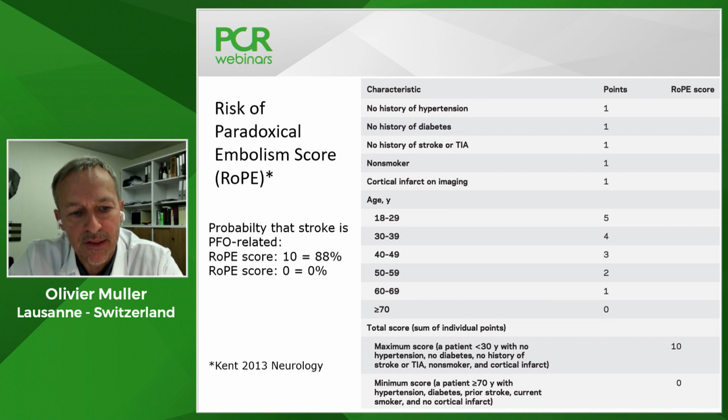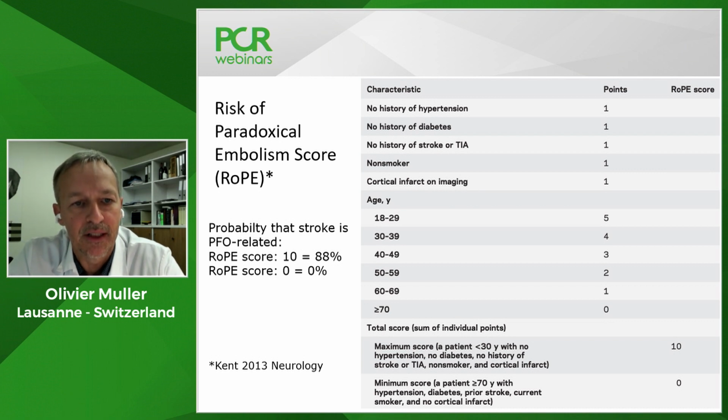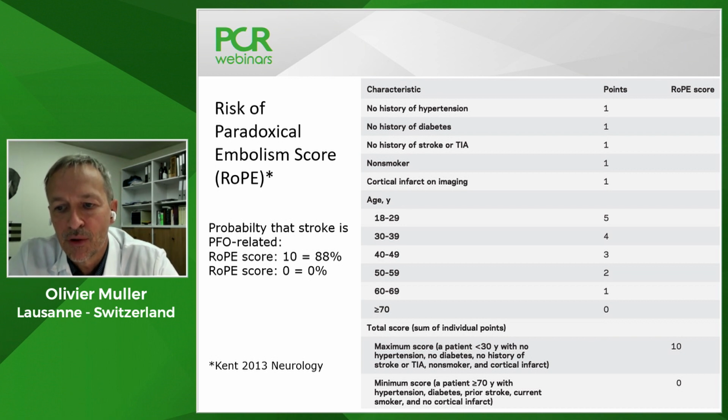The ROPE score is a mathematical algorithm. It is derived from Bayesian statistics, so the prevalence of the disease in the population is very important in the ROPE score.